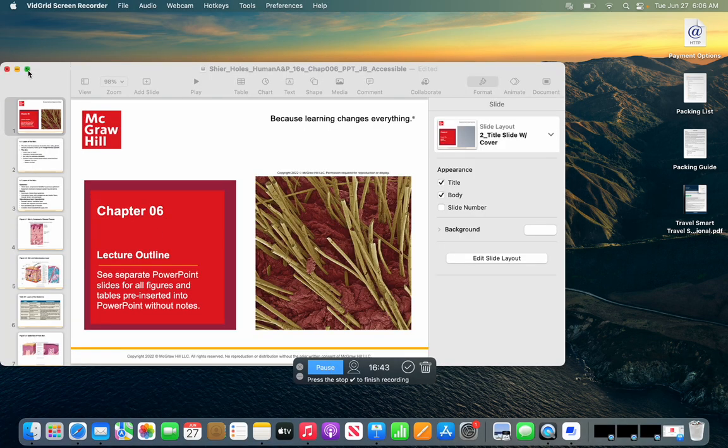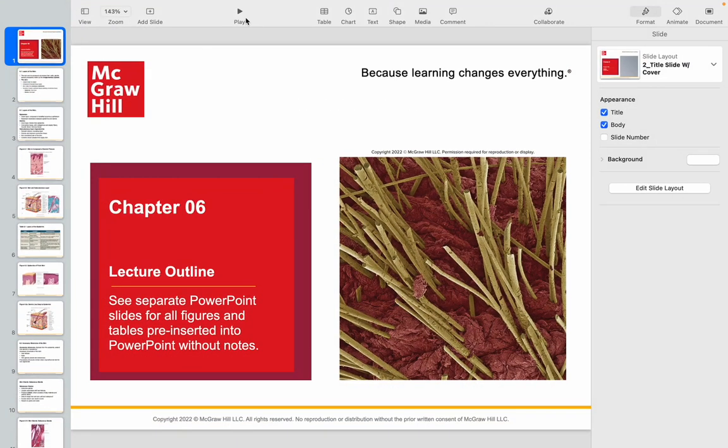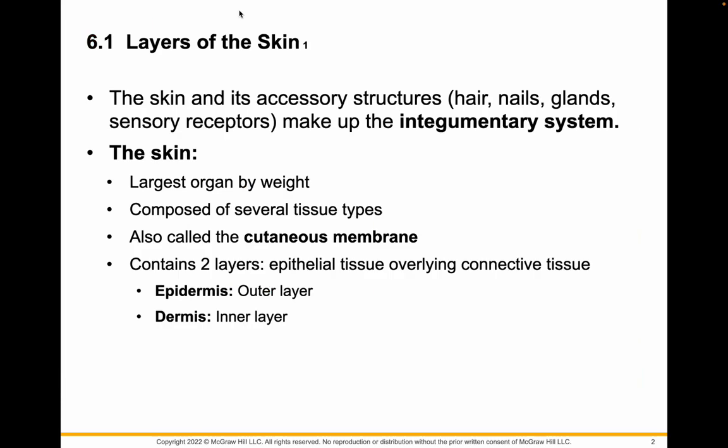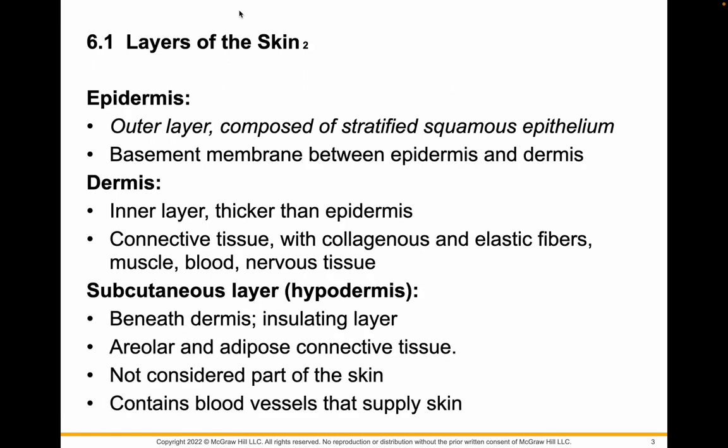All right, chapter 6 was the integumentary system. And so we focused on skin, right? The cutaneous membrane. And skin is made of two layers, the epidermis and the dermis. But we also talk about the subcutaneous layer, the hypodermis. And that's going to be areolar and adipose connective tissue that helps insulate the body and contains a lot of blood vessels, major ones.